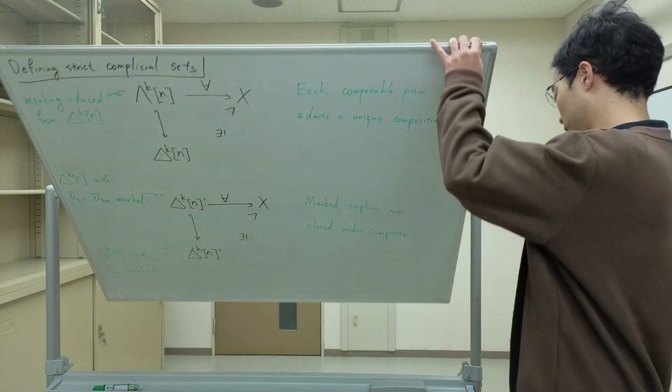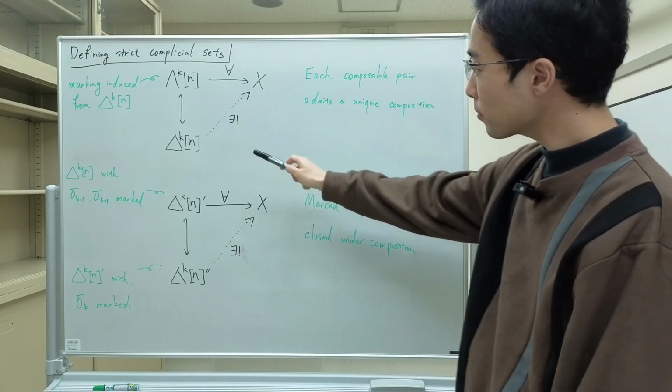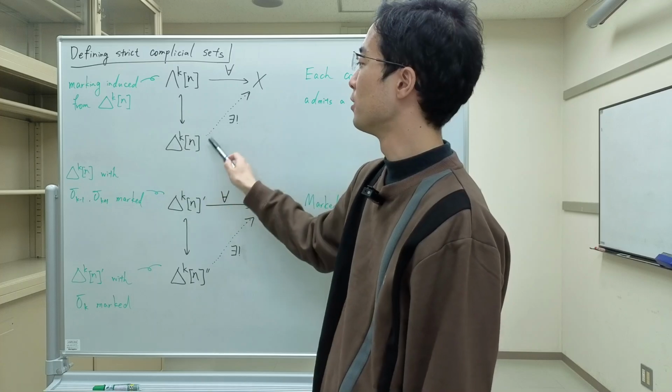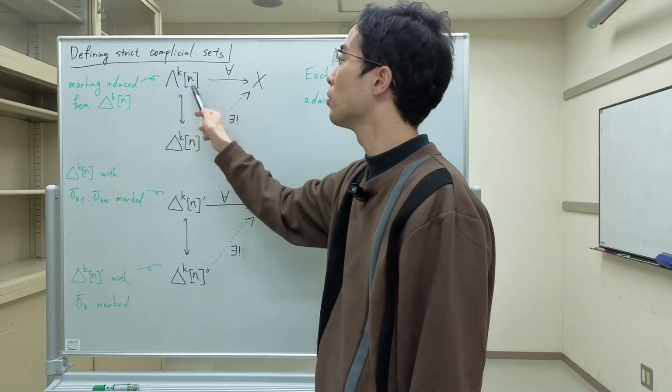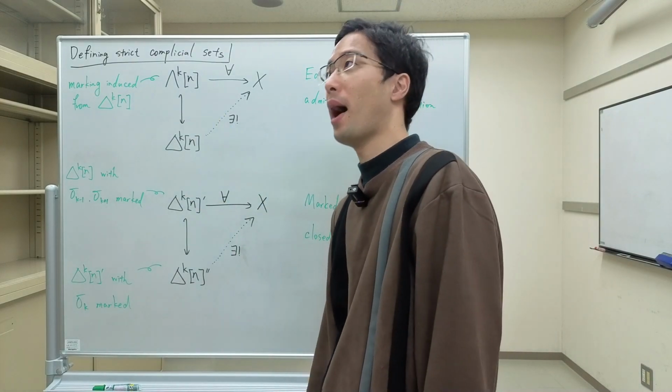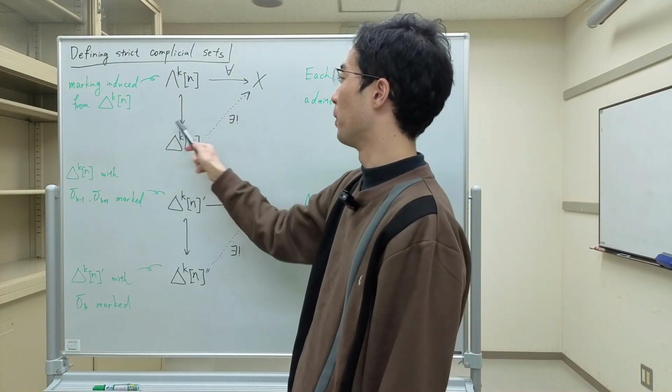So now if we go back to the definition of complicial sets, so this is that simplex. And this is the kth horn, so the usual boundary minus the k face thing, but with the marking induced from this thing.